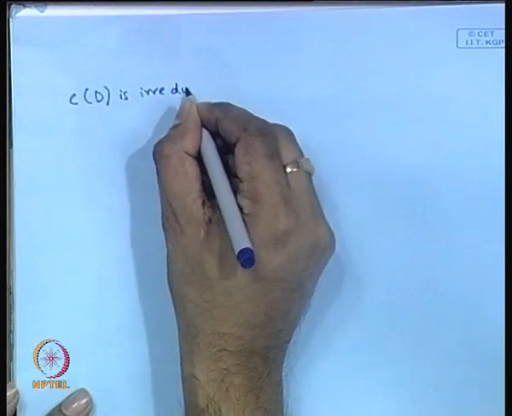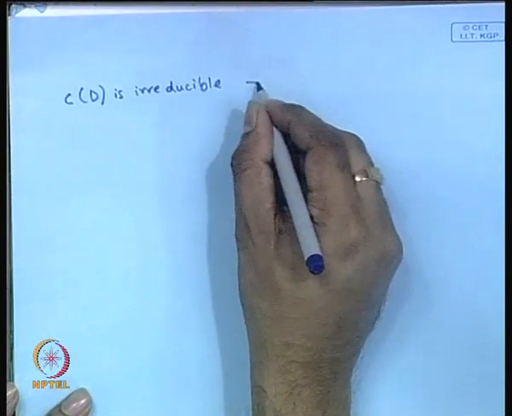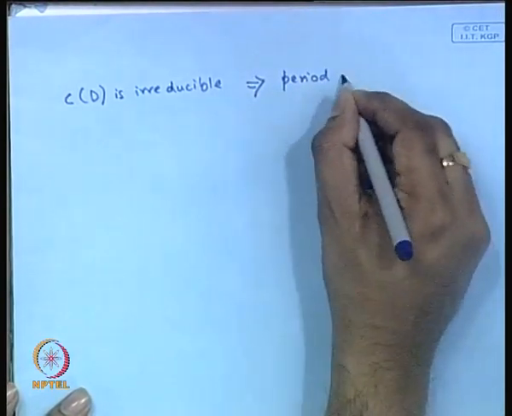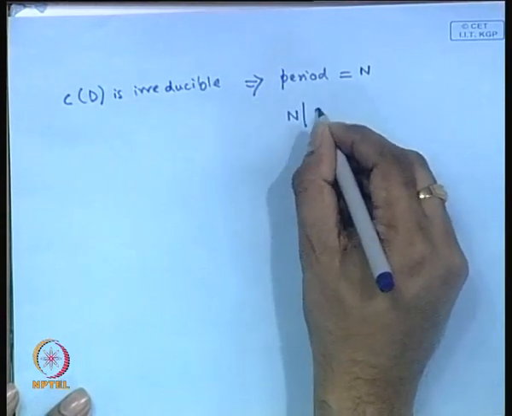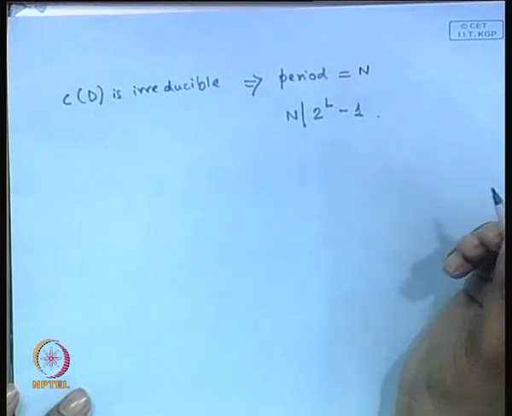So, in brief, what I am trying to say is this: if C(D) is irreducible, this implies that your period will be equal to a value N, and N will divide 2 to the power of L minus 1.